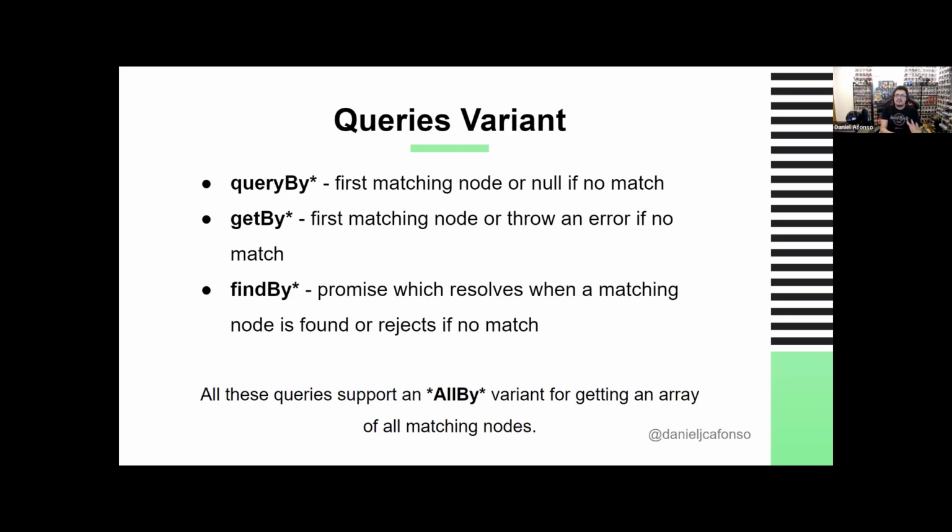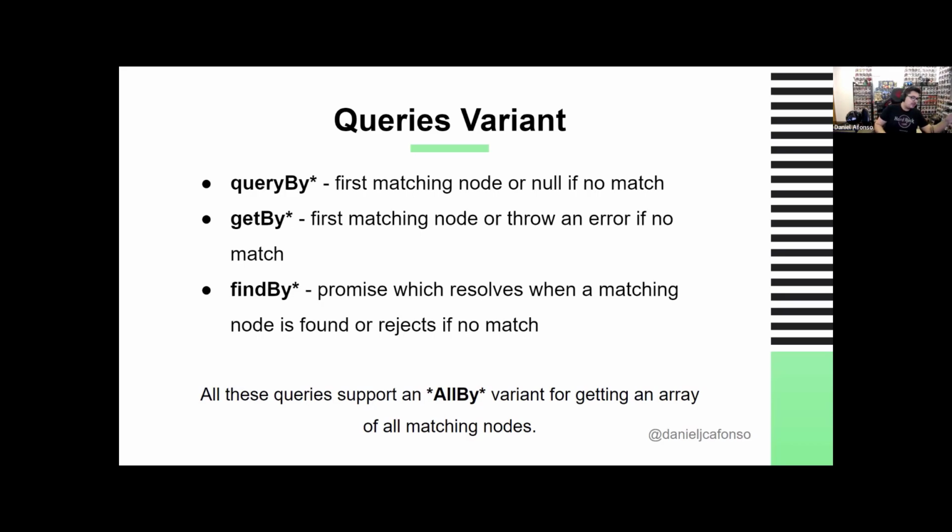This is a process that still hasn't happened, but you know that component will be on the DOM. Here you need to use the find by variant, which is asynchronous. This variant will return a promise that will resolve when it finds the matching node or reject if there are no matches.